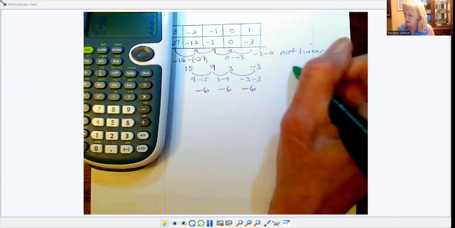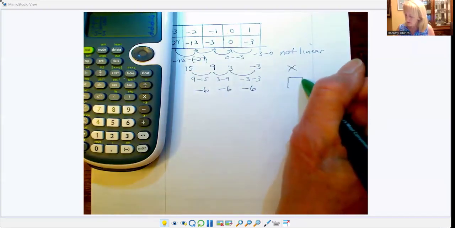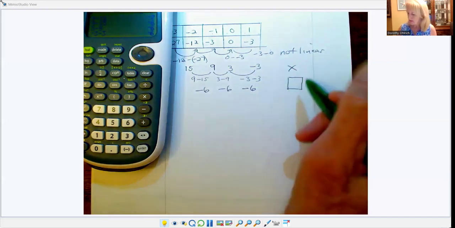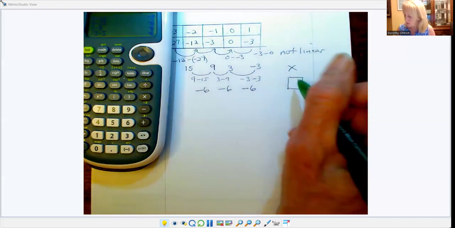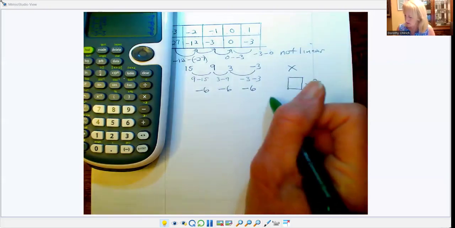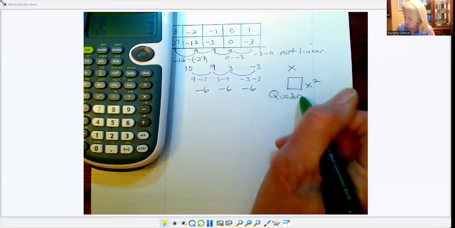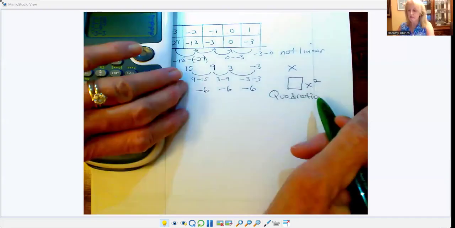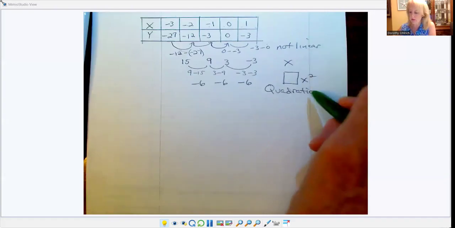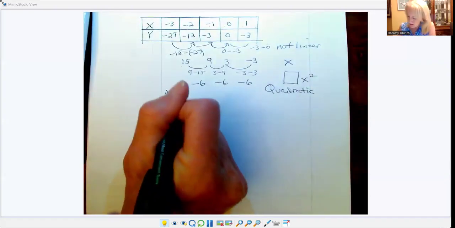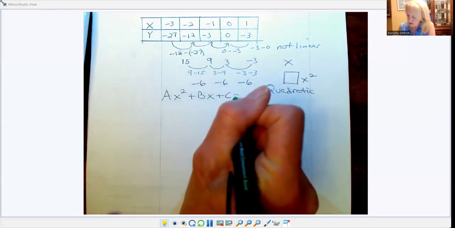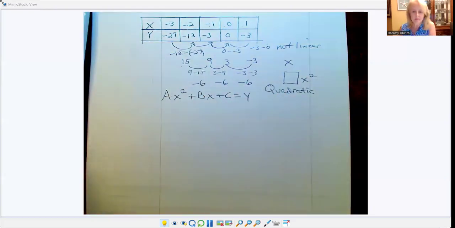Linear just has one x. A quadrangle is a four-sided figure, and if you think of a square, that's going to help you remember x squared. This is a quadratic equation. Instead of linear, which was y equals mx plus b, this quadratic is going to be ax squared plus bx plus c equals y.